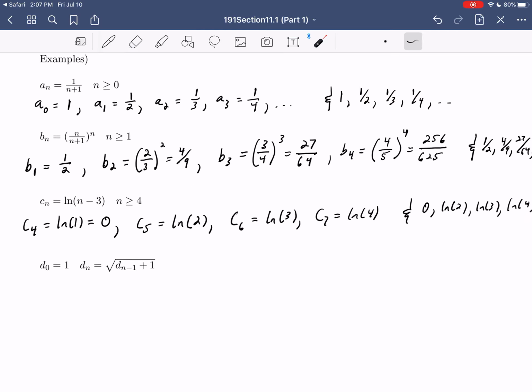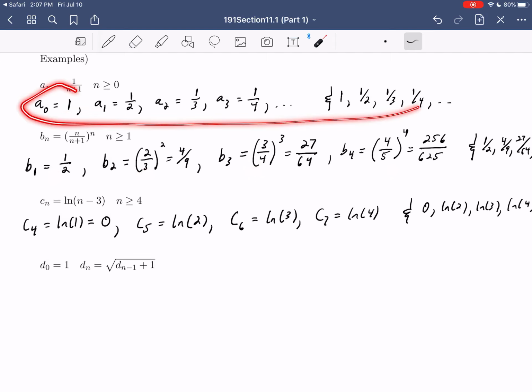Okay, a very special type of sequence, something we're going to investigate a lot in the second half of 11.1, so in the second video for 11.1, are sequences that are not explicitly defined by equations. For these first three, we could call these explicit sequences, because if I want to know any one of the values, all I need to do is plug in n.